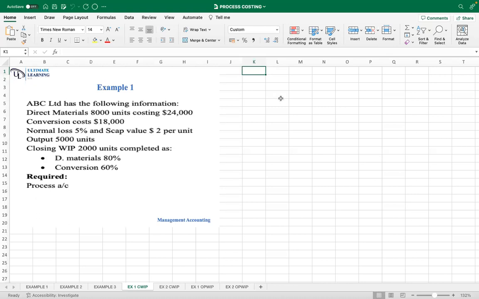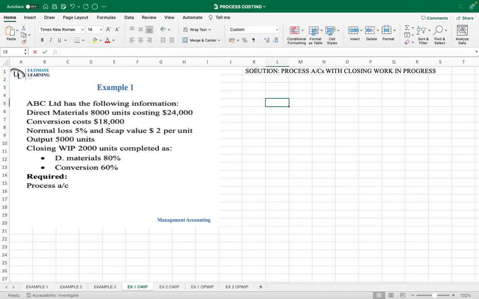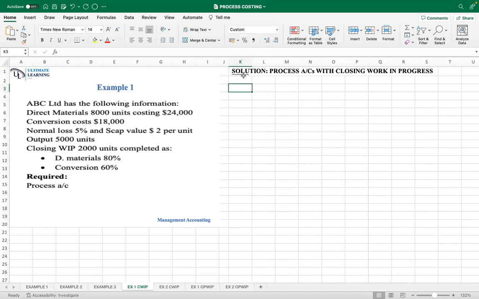So in our solution, we are preparing process accounts with closing work in progress. So that is what we want to look at.